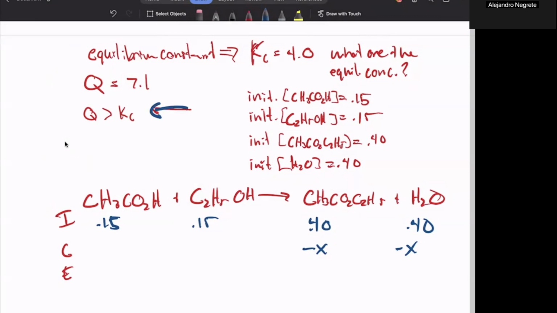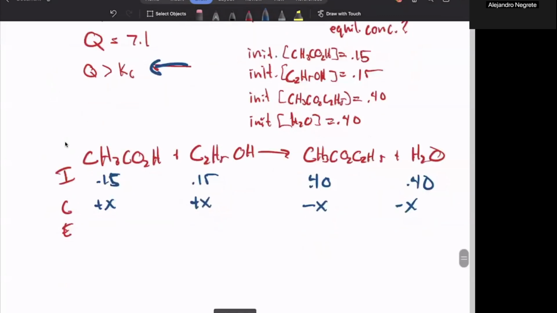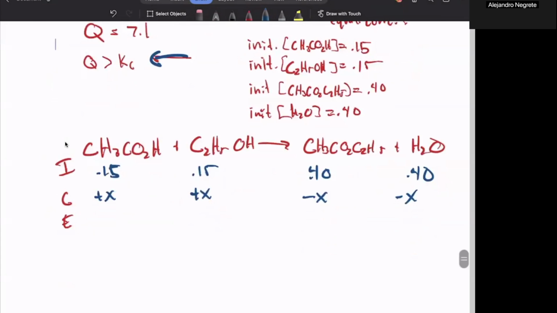So this is going to be positive X, this is positive X. And now our equilibrium concentrations can be calculated by 0.15 plus X, 0.15 plus X, 0.40 minus X, 0.40 minus X.